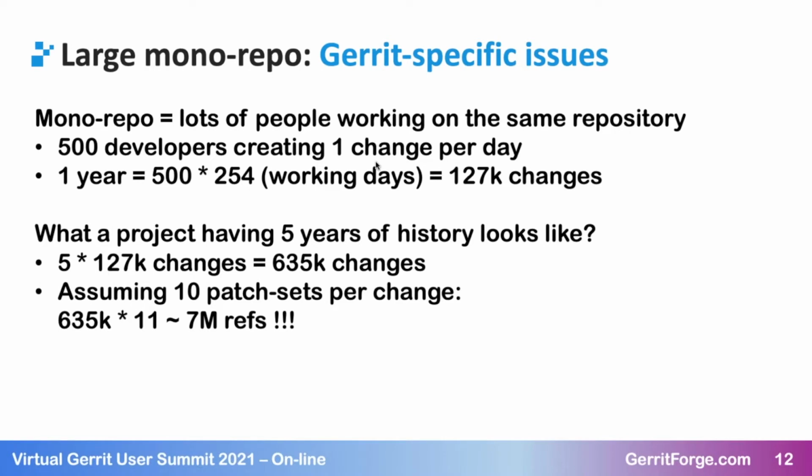And actually, people using Gerrit tend to create many changes and chain them, so that is really optimistic. If you think about 1 year, with 500 developers and 250 working days, you will get 127,000 changes every year. And if you go to 5 years of history, you'll get up to 7 million refs. And I saw some numbers shared by the Qualcomm team, and they are definitely close to similar numbers as well.